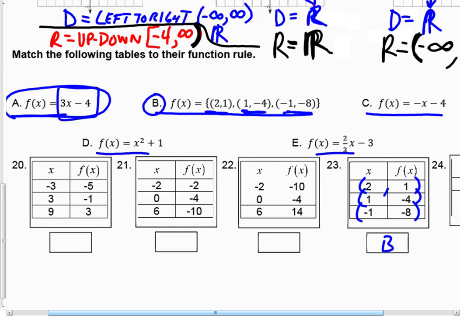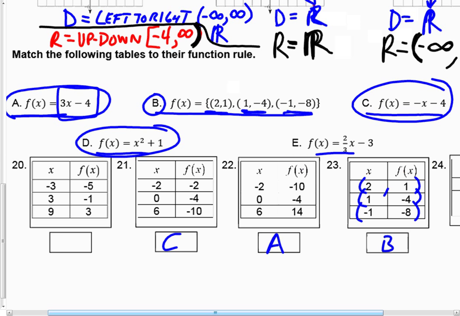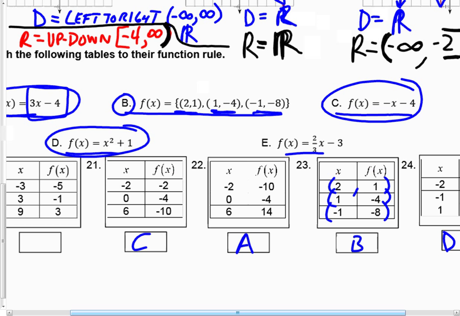Use this and this to see the numbers you want. Which one corresponds to what you see down here? Which one is A? 22? That one goes with that one. What goes with C? 21. What goes with D? 24. And obviously E has to go with.